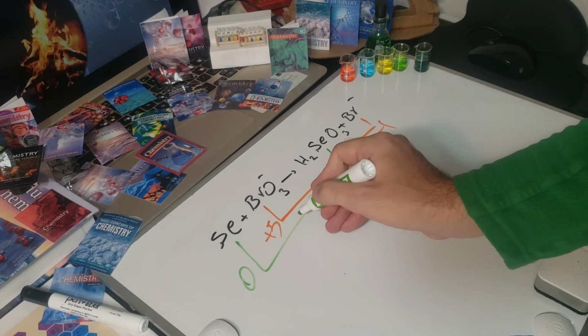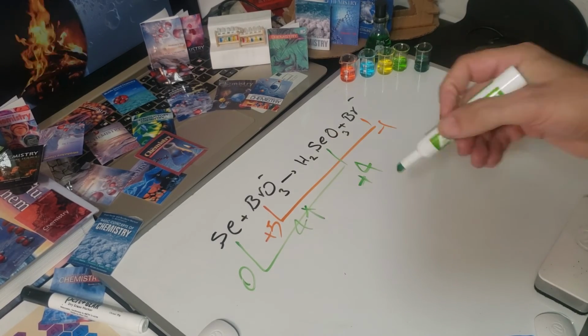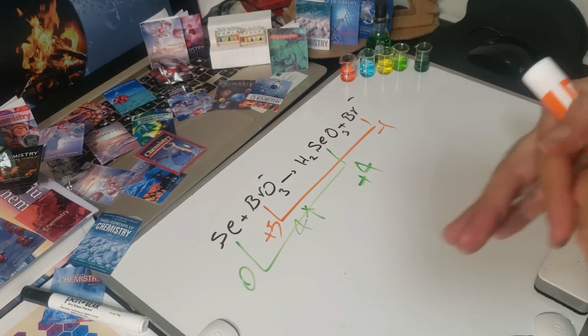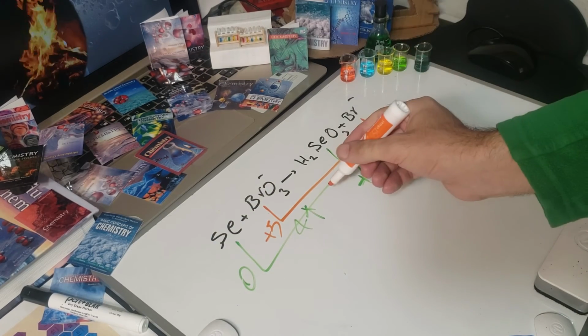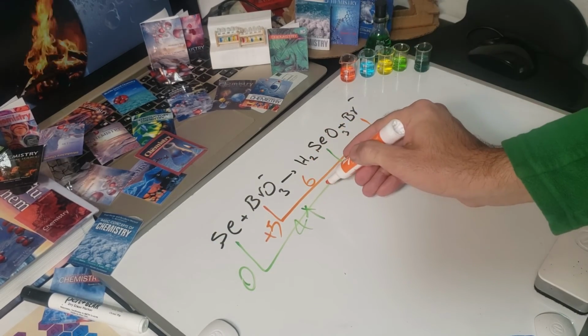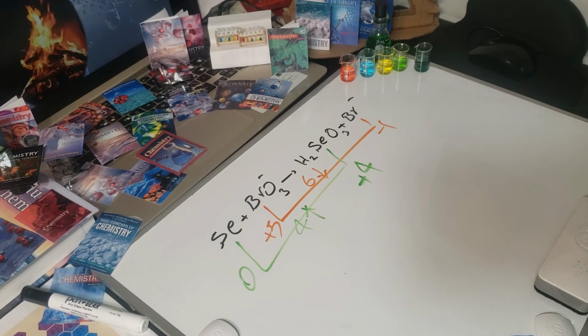Se is 4 of a rise. There's no subscript for it. Br is also 6 of a drop. So we could actually do 2 and 3 if we wanted to. Let's do that.